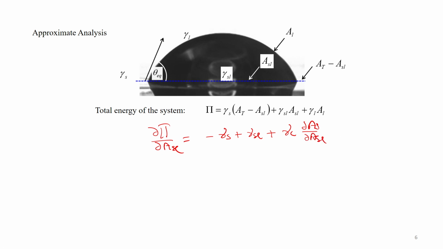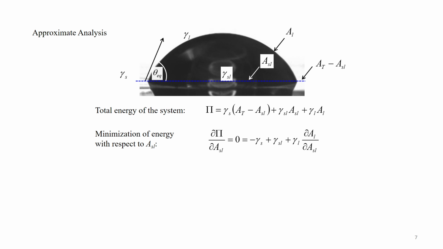Now we have to estimate the quantity del AL by del ASL, and we can do that by considering the following. Let us say this is the solid surface, and this is the 3 phase contact line, and the contact line has moved by a distance, delta ASL.